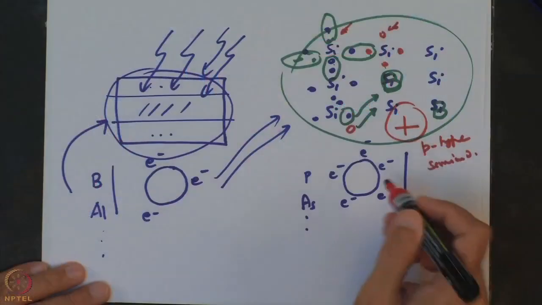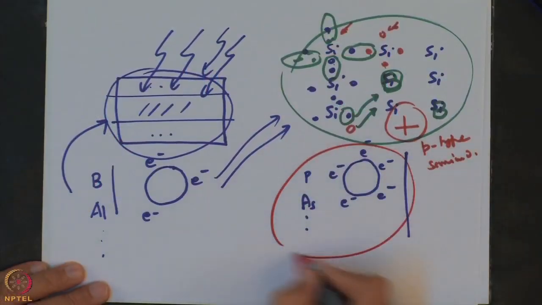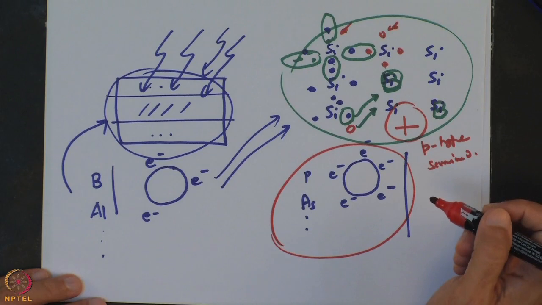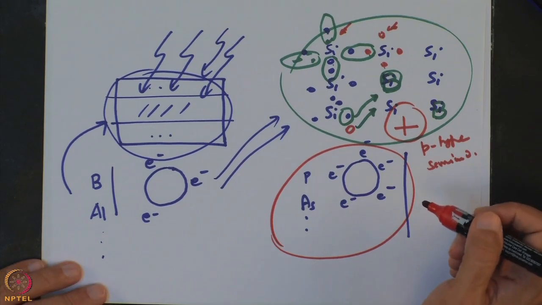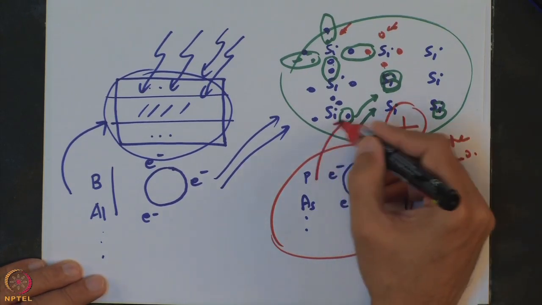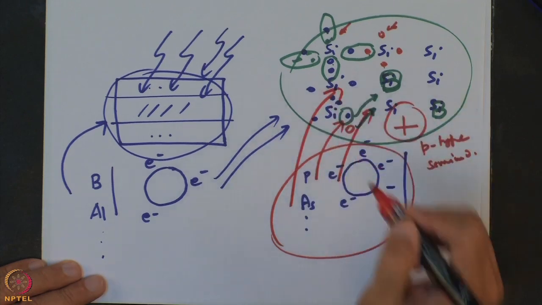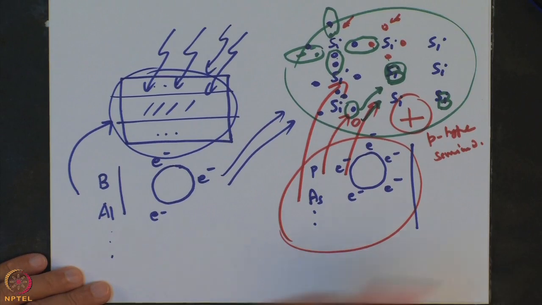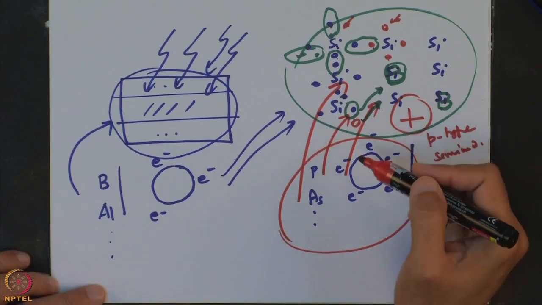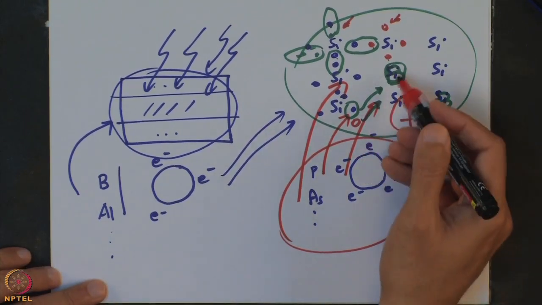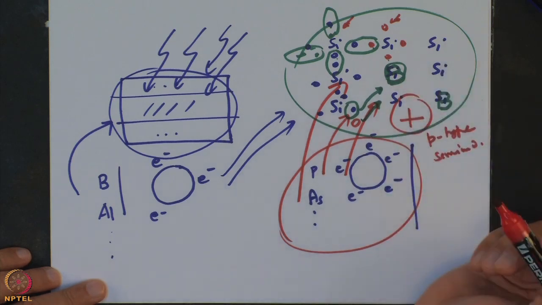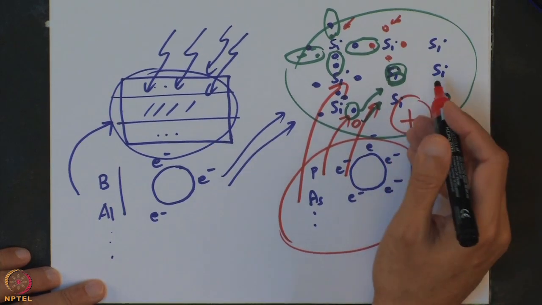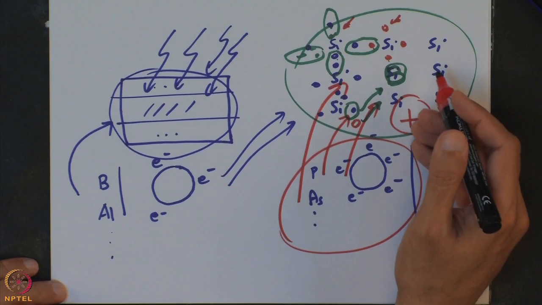Now, likewise, in the same way, it is easy to see that if pentavalent atoms, or atoms with 5 electrons in their outermost shells, are mixed with the intrinsic semiconductor, then the atoms which go and sit and replace the original silicons are going to have one additional electron. So, these are called donors.